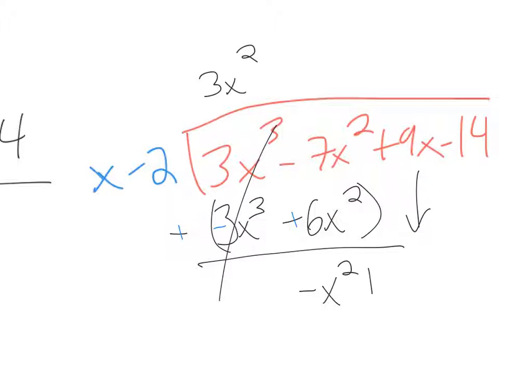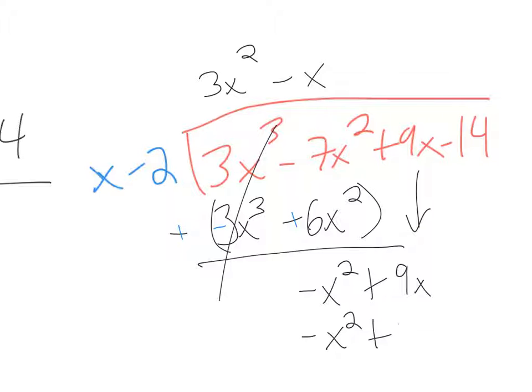Bring down your next term, plus 9x. Okay, now we can take x, divide it into negative x squared. How many times does x go into negative x squared? Well, that would just be a negative x, right? Because when I mommy multiply back down, negative x times x certainly makes negative x squared. Alright, now we just got to multiply negative x times negative 2.